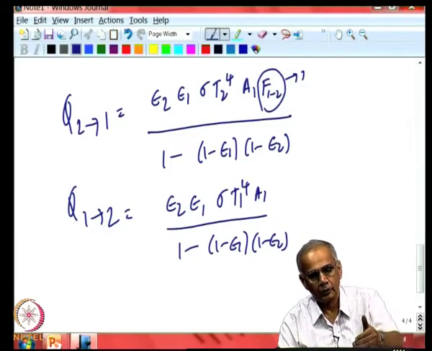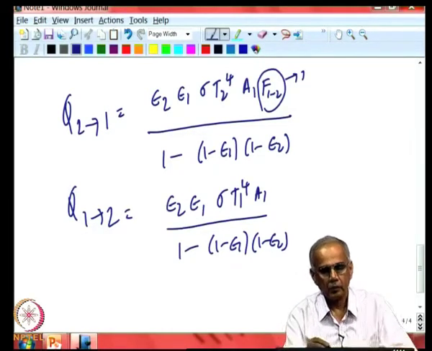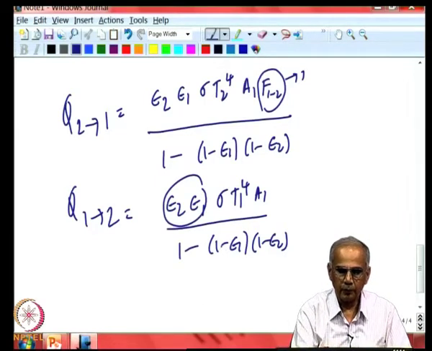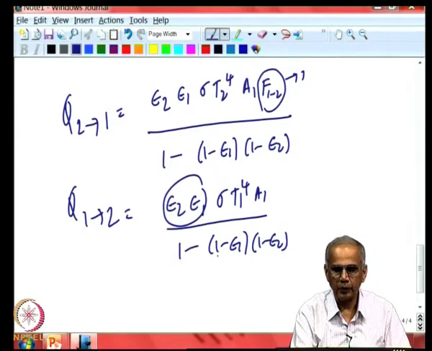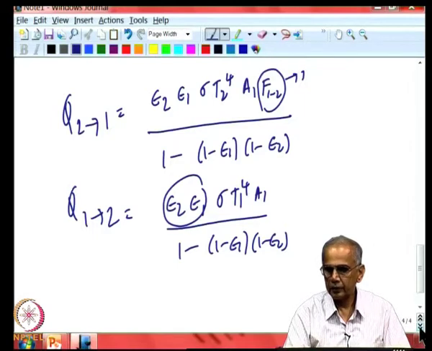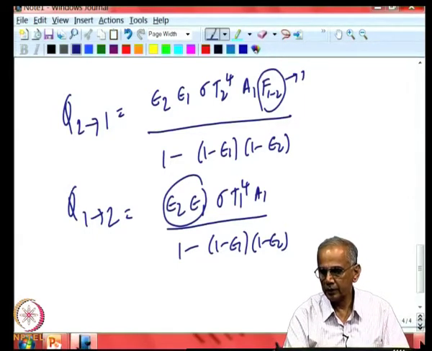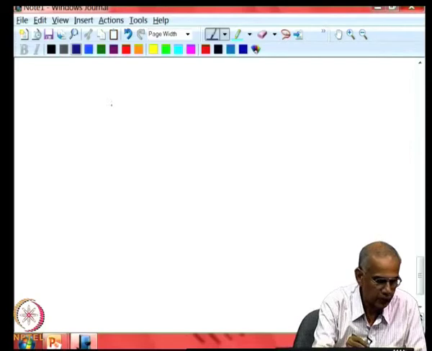You take this quantity down, you remember that this 1 will cancel with this 1. So, you will be left with an interesting result which is a little surprising.